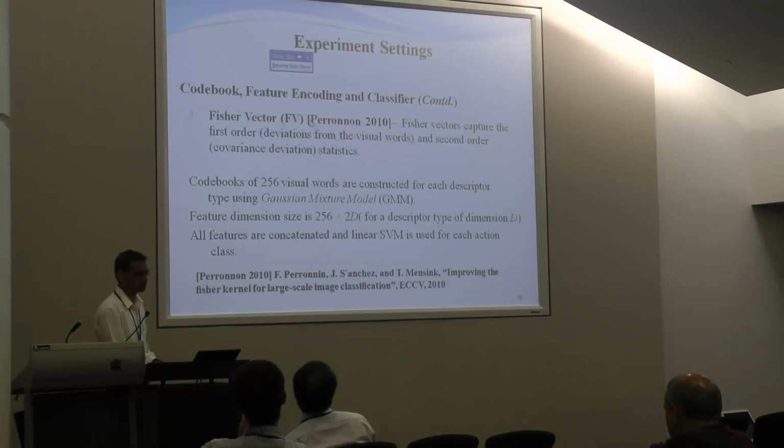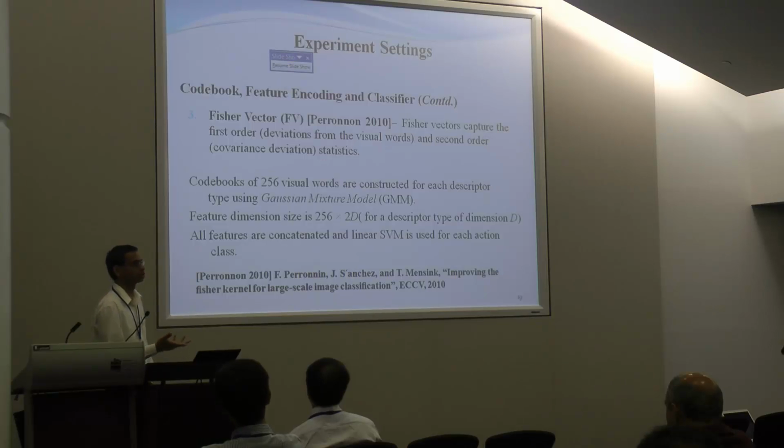And the third kind of feature encoding technique is the Fisher vector. The Fisher vector encoding tries to capture the first order and the second order statistics, so it captures the deviations and the deviations of the covariance also. In that sense, we can think that this is going to capture much more information than hard assignment or the VLAD technique. The code books for this technique are constructed using a Gaussian mixture model, and the feature dimension size is 256 times 2d, because 256 times d is for the deviations in first order, and for the second order another 256 times d.